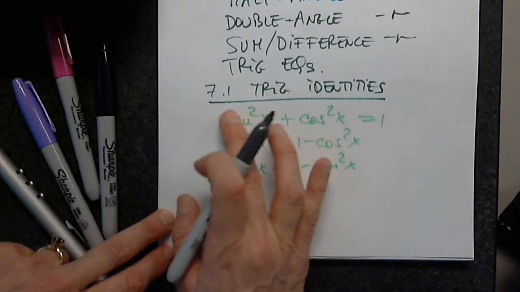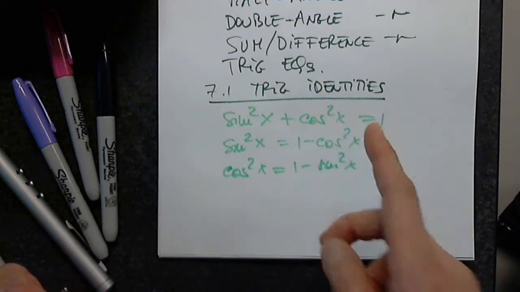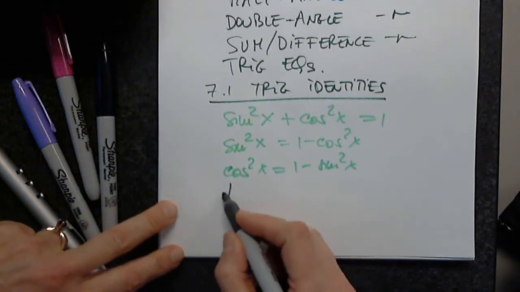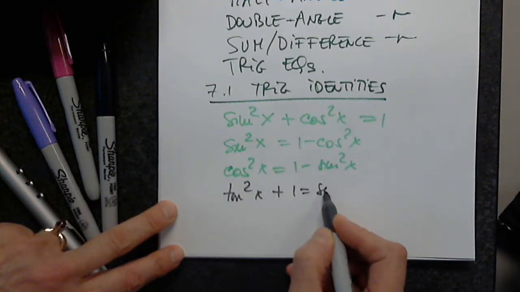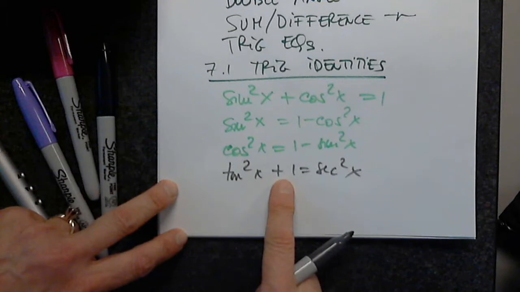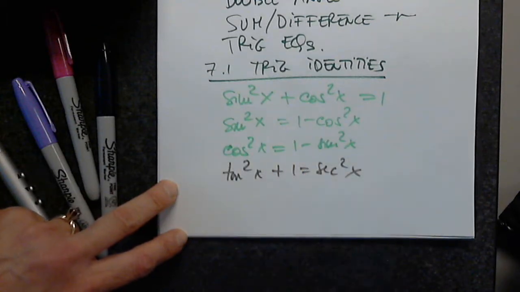When we do what to this identity? What do we do to this identity to get the other two? Yeah, but I get in trouble if I multiply because I don't know yet what sine squared over cosine squared is. Tangent squared. 1 is equal to... Awesome. How did we get this one? What did we do here to get this one? By cosine squared. Awesome.